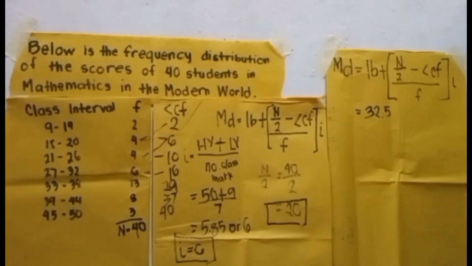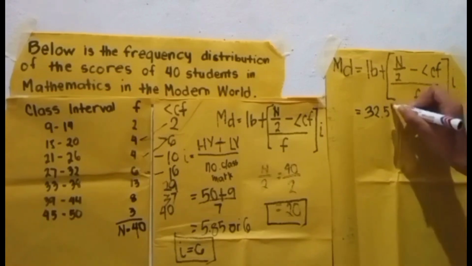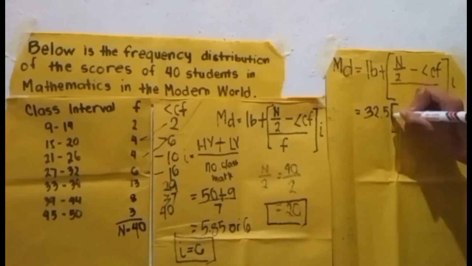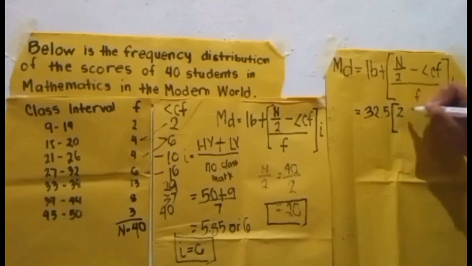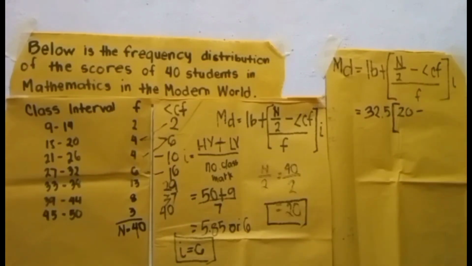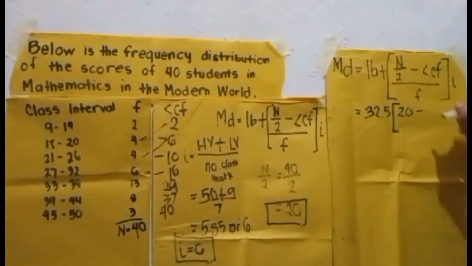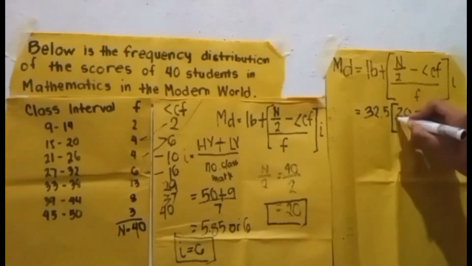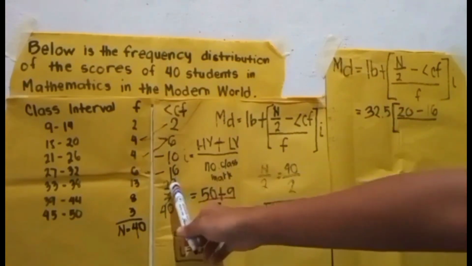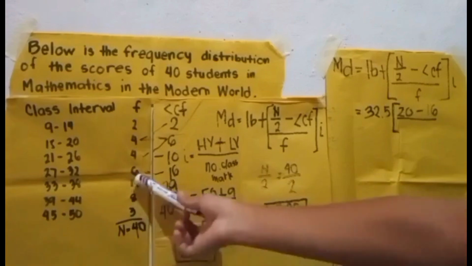And now we're gonna substitute the value of n over 2, which is 20, minus the less than cumulative frequency, which is here 16. So we're gonna put here 16, all over the frequency of 29, which is 13.